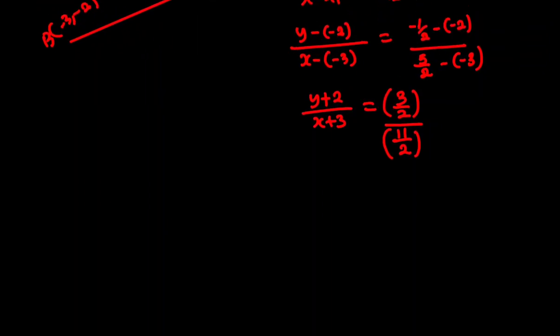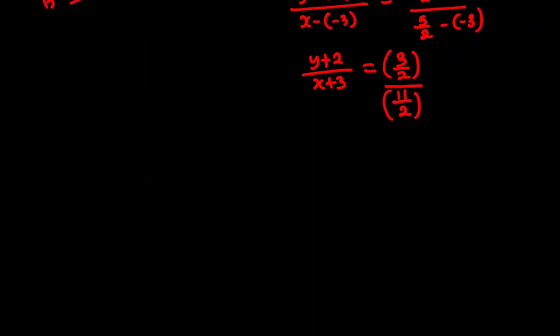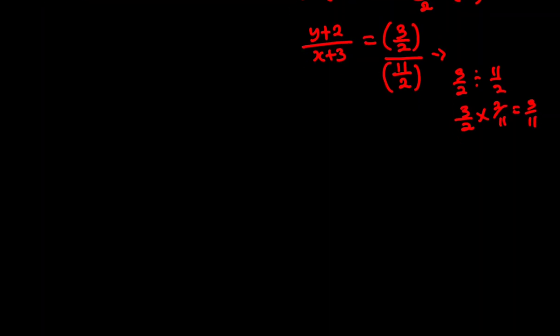Now, having this, recall this, look at this. This is 3/2 divided by 11/2, which is the same thing as 3/2 times 2/11. So basically it's 3/11. Therefore, (y + 2)/(x + 3) = 3/11.